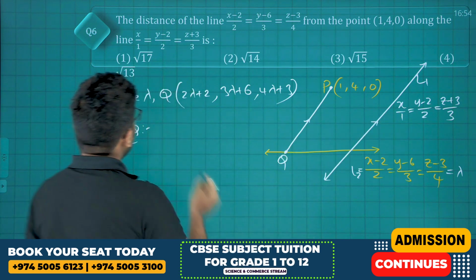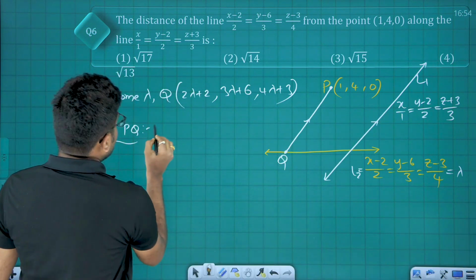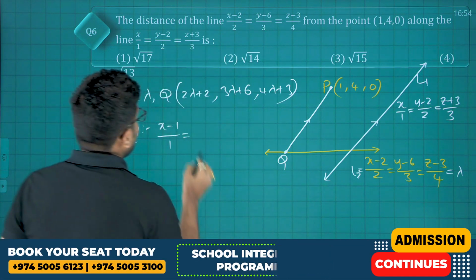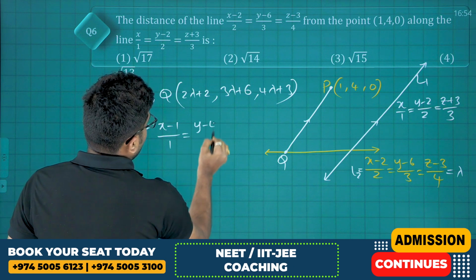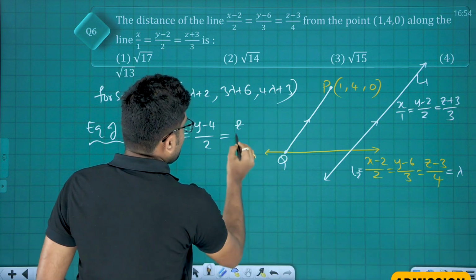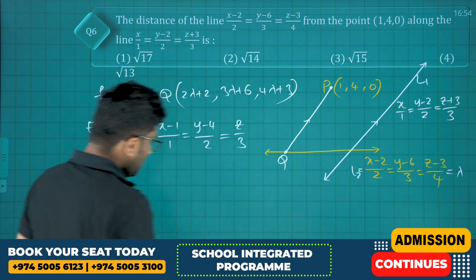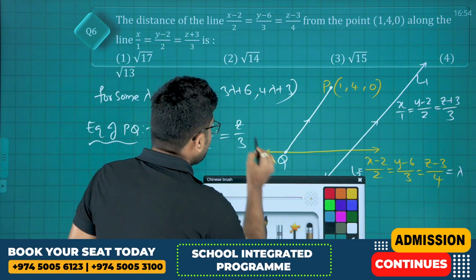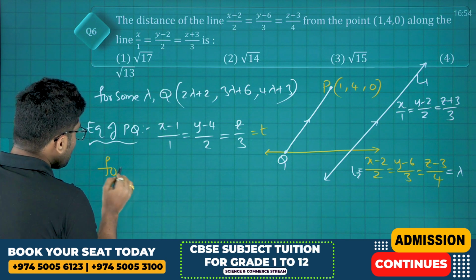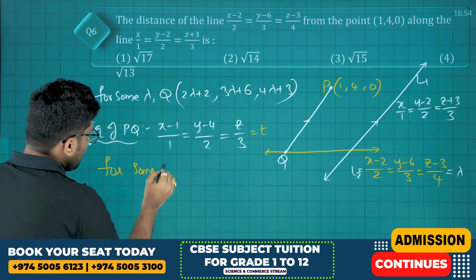So that is (x minus 1) by 1 is equal to (y minus 4) by 2 is equal to (z minus 0) by 3. Now for some real number t, I am equating this to t.